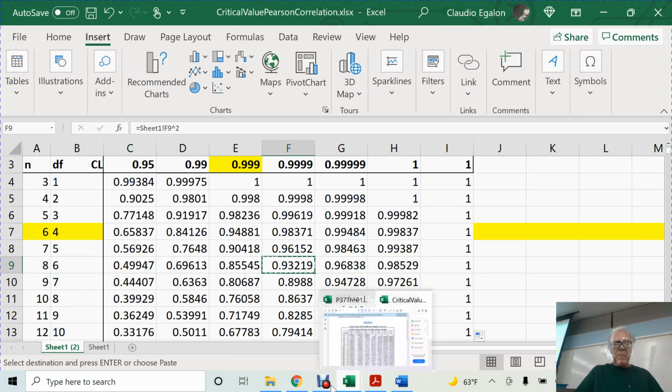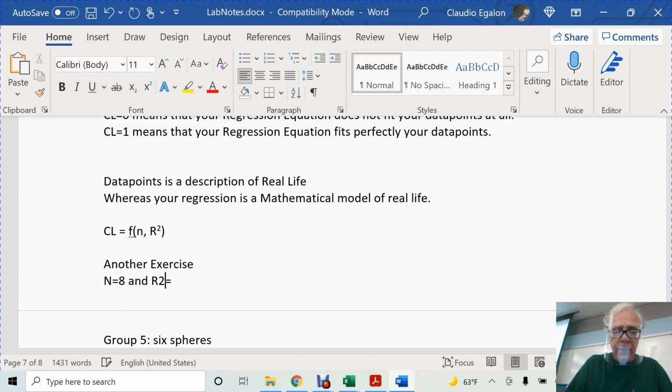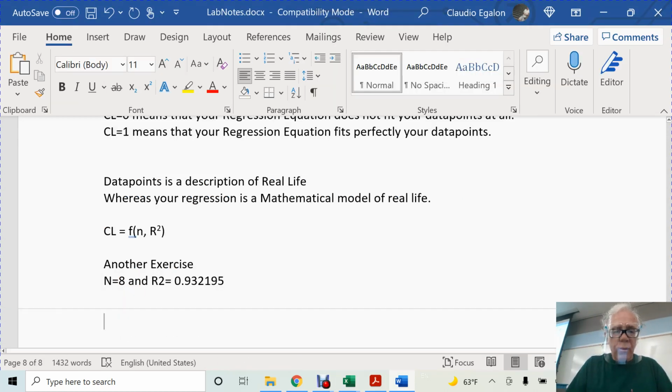Okay? What's going to be the CL? Another exercise. N equal to 8 and r squared equal to 0.93295. What is CL?